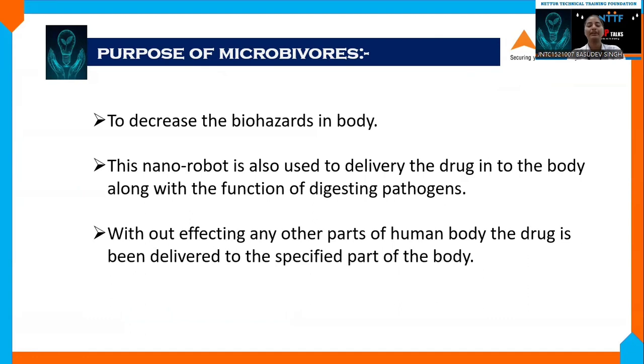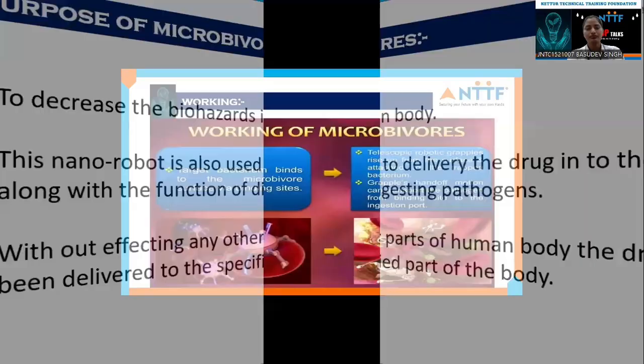After injection, it will float along with our bloodstream like our white blood cells, go to that particular part only, operate there, fight that virus and come out from our body.